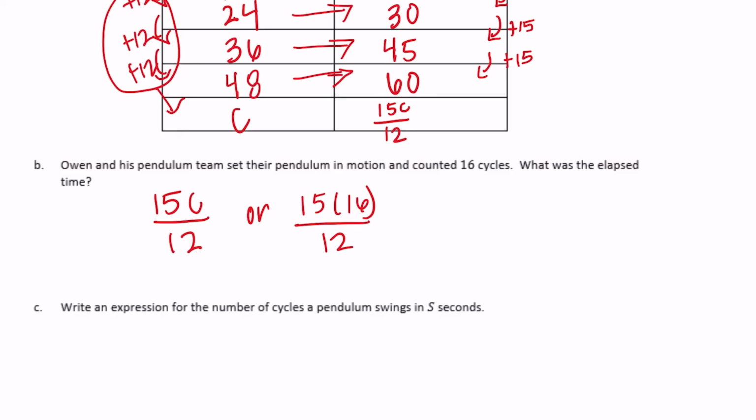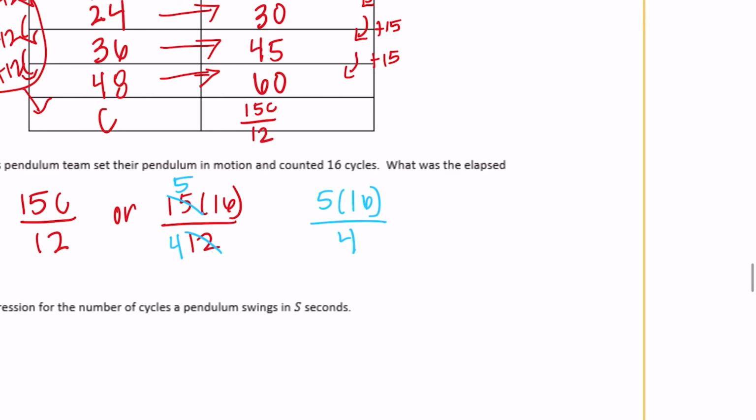So I noticed that 15 and 12 have a common factor of 3. So I'm going to do 15 divided by 3 and make this 5 times 16. And then 12 divided by 3 would be 4.